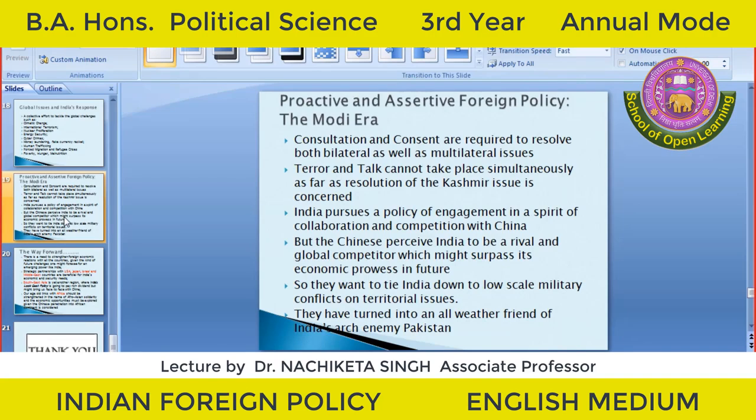With regard to China, India pursues the policy of engagement, despite all misgivings and territorial claims and counterclaims in the background. We still have maintained our cordial relationship in a spirit of collaboration and competition.